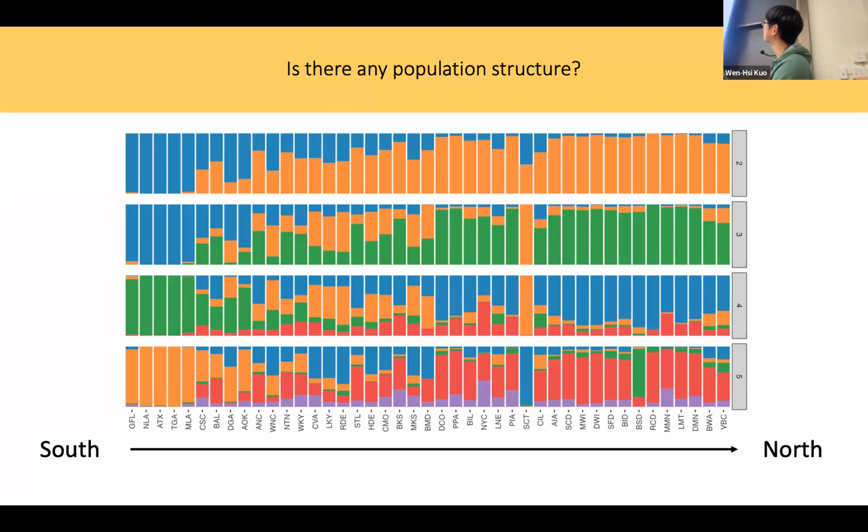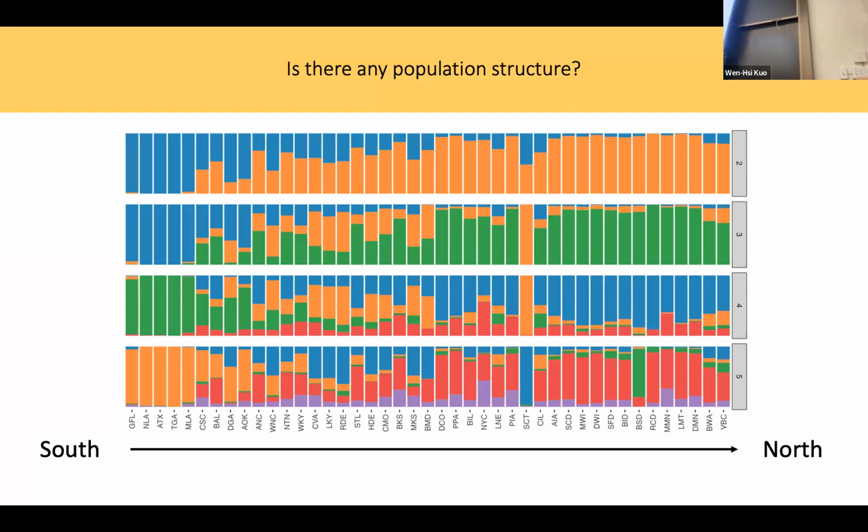So this is the mixture output. The x-axis is the 43 populations based on the sampling site. We can see color as the genetic composition of that sampling population. We can see this color pattern is not random. So yes, there is population structure.